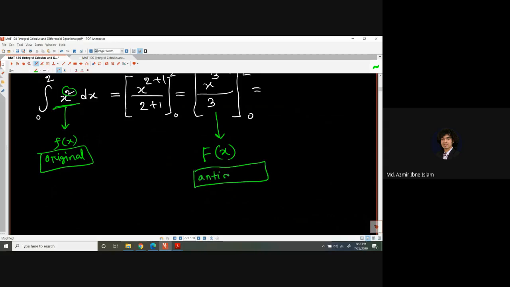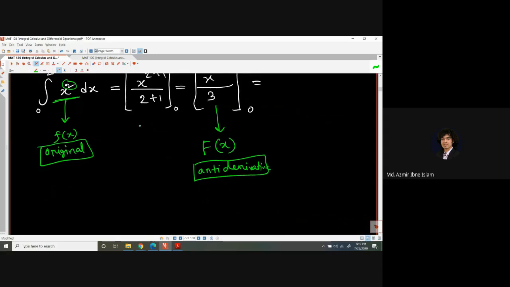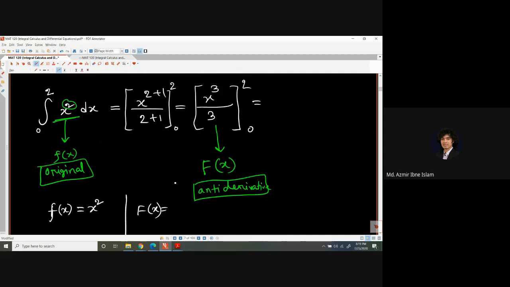Now let's check the relation, but first I'm collecting the information: here small f(x) is equal to x squared, and capital F(x) is x cubed over 3.